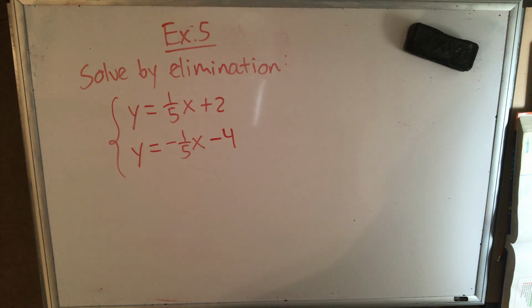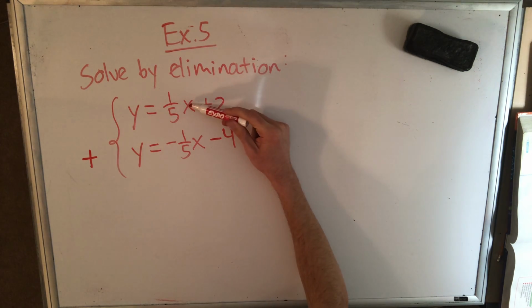Okay, so again, we have two options. We can subtract the equations to eliminate y, or add the equations to eliminate x. Usually you're not going to have two options, but we do in this case. First, I'm going to show you how we can add the equations to eliminate x.